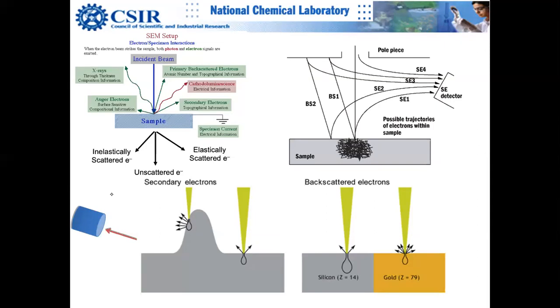There are several techniques which can give you the same information. For example, compositional analysis can be done by yields, number two by X-rays like EDAX, and number three by backscattered electrons, and by Auger also. So compositional analysis can be done by this.